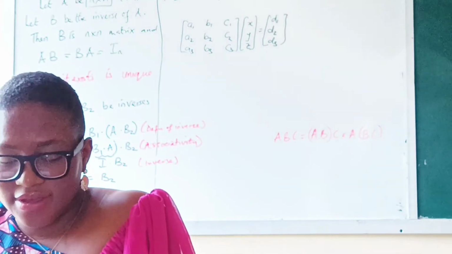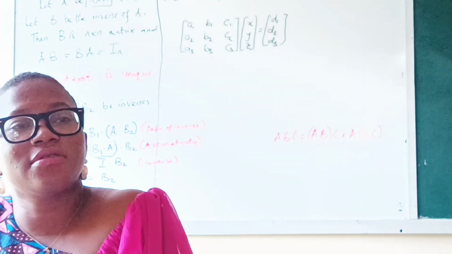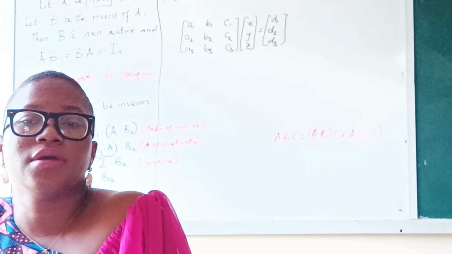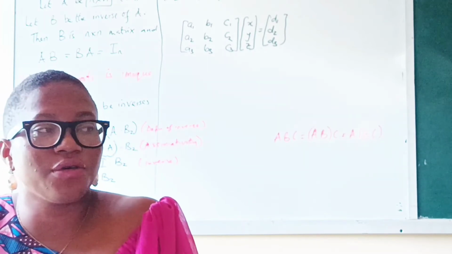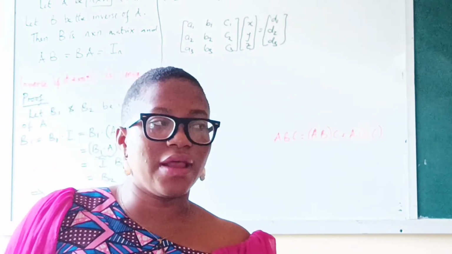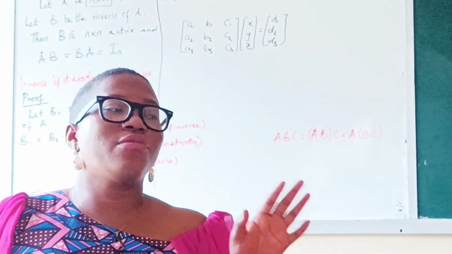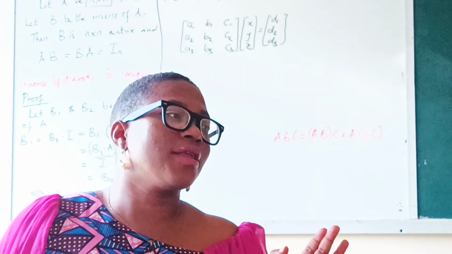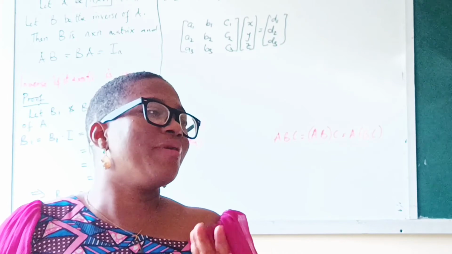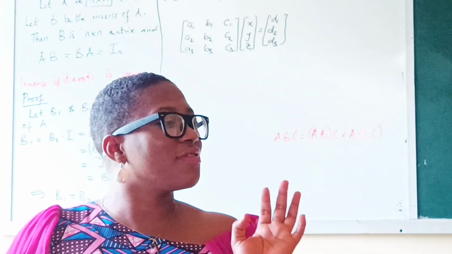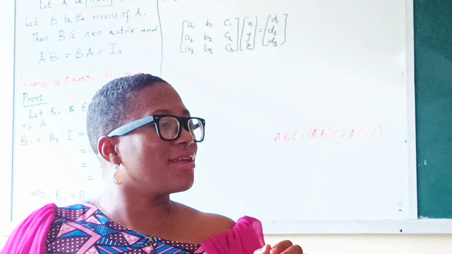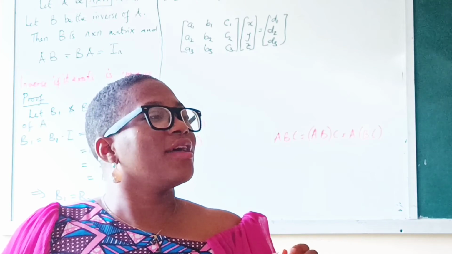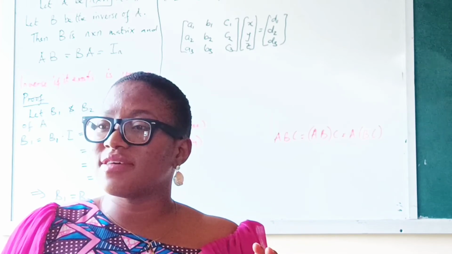If a matrix is invertible, it means it's non-singular. That means I can find a matrix such that when I multiply them together, either from left or from right, I will still get I. So it's not singular. That means the inverse exists.